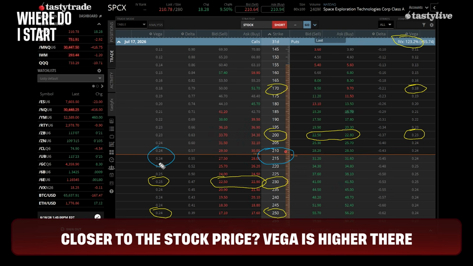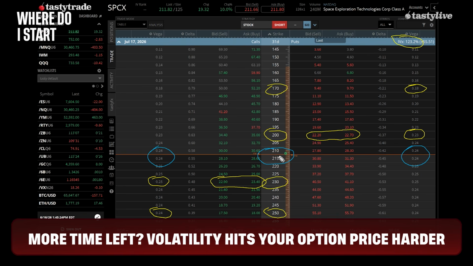Give or take, it might be off by just a tiny, tiny bit because we need to remember that the markets are a living and breathing thing. This is not a textbook. This is not the ivory tower. This is not just a math equation. This is a living and breathing thing that's based off of real demand and real supply. And we see the same thing essentially on this side. And so the highest Vega levels are found right at the money or very close to the at the money strikes. You will always see this relationship inside of a given option chain.